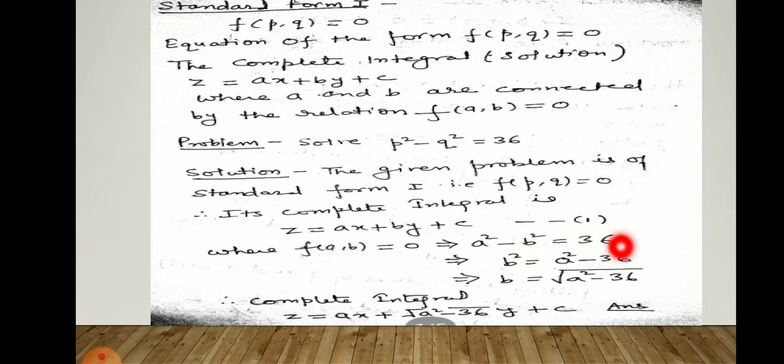After solving, we can say that b is equal to root of a square minus 36. So z is equal to ax plus, in place of b, we can write root of a square minus 36, y plus c, which is the complete integral of the given problem.